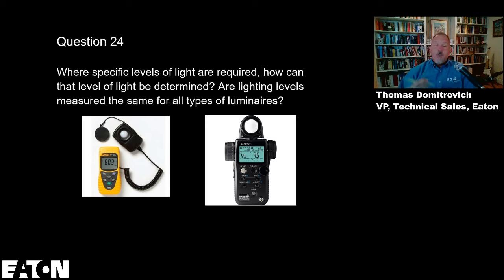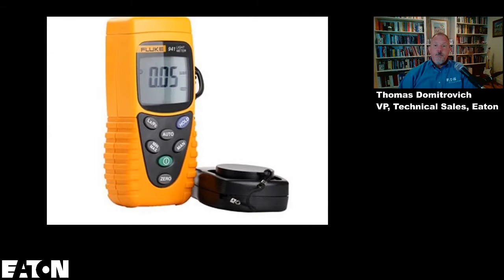And your electrical inspectors, or your inspectors for the life safety codes, etc., will be using these types of equipment to determine and detect your lighting levels. There's a myriad, just like we have voltage meters and current meters. There are a lot of meters out there. You have to understand the tools that you're using, and you have to understand the proper measurements.